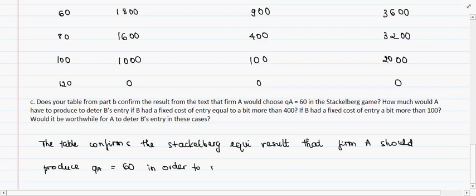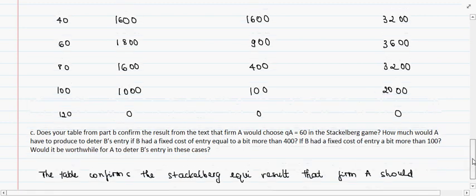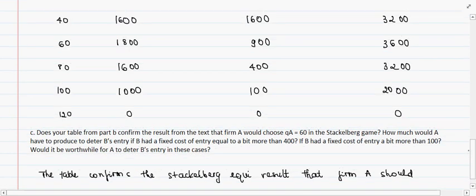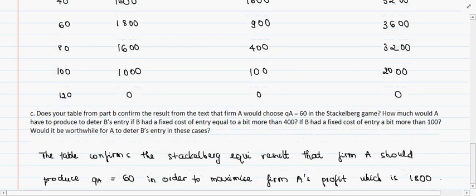Okay. And in this case, the maximum profit is 1800. So as you can see from the table, the profit is maximized at a quantity equal to 60, and the maximum profit for firm A is 1800, and that's the maximum profit that firm A can make.